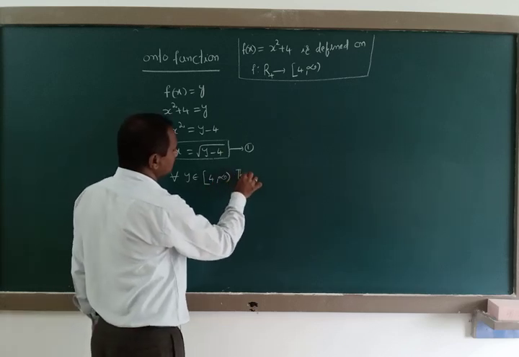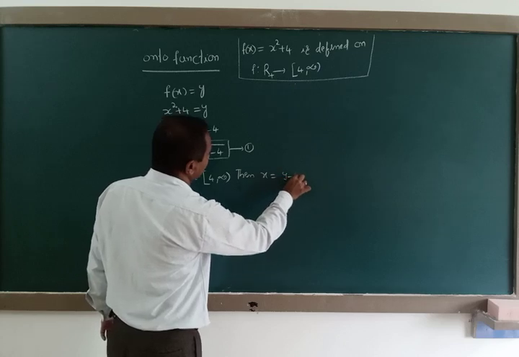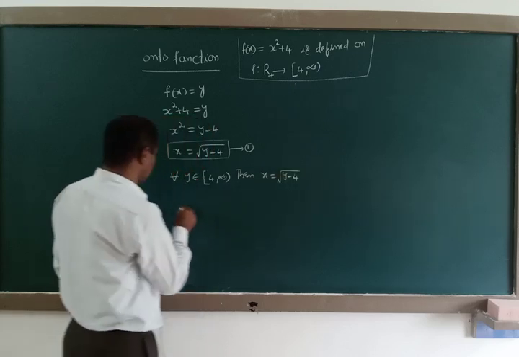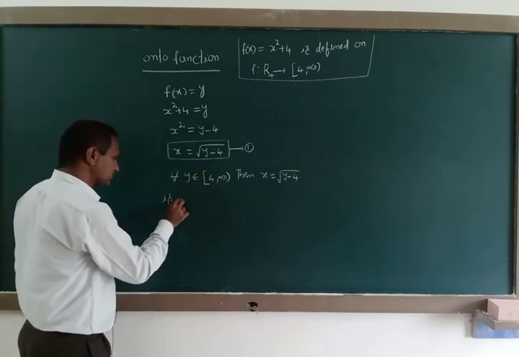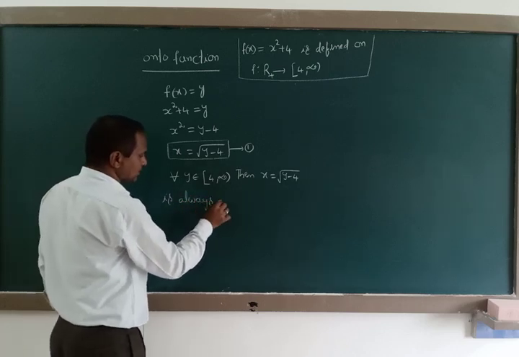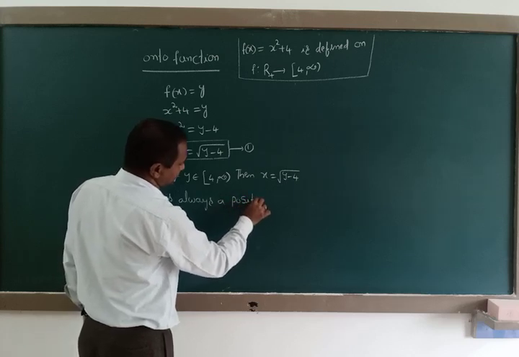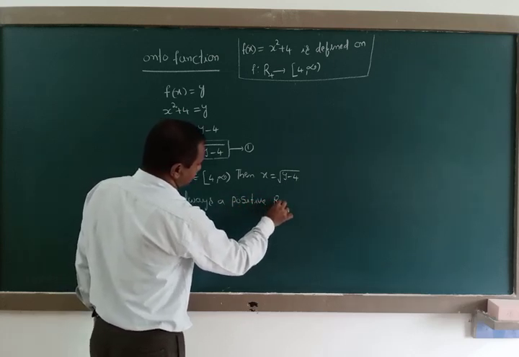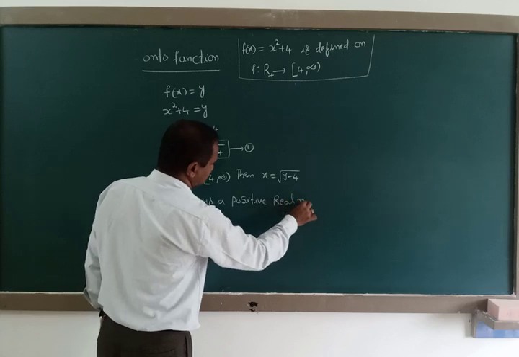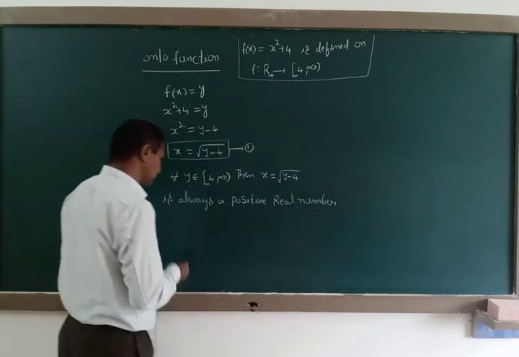Then x is equal to square root of y minus 4 is always a positive real number.